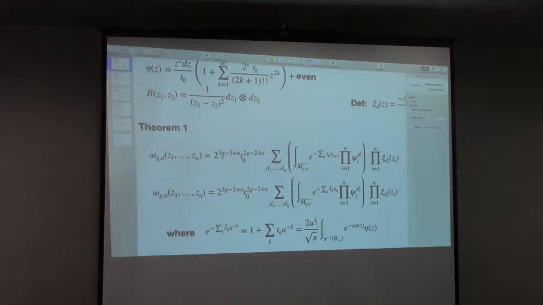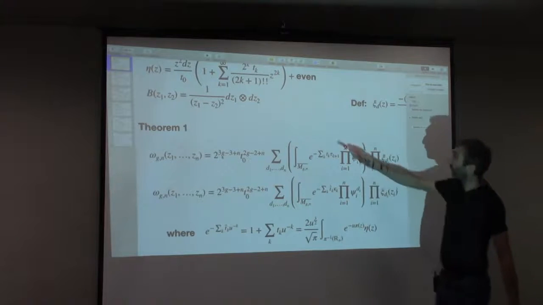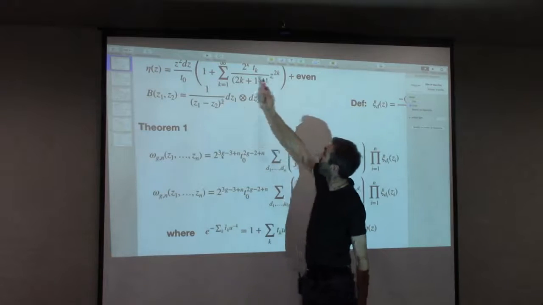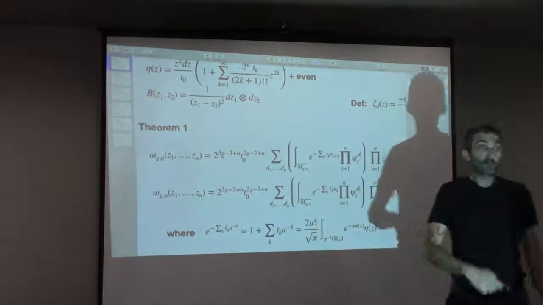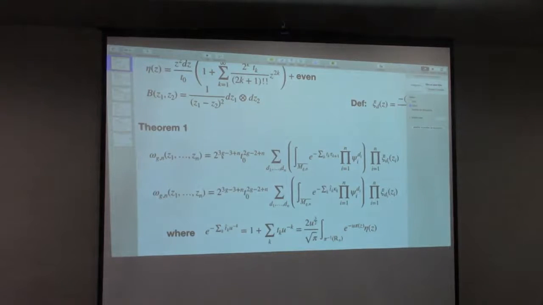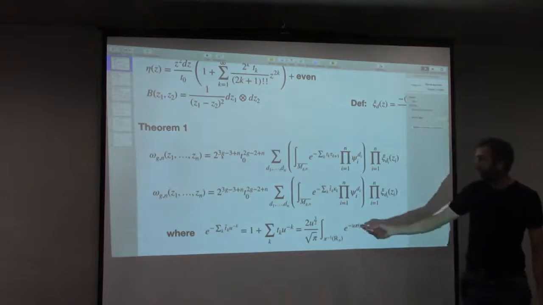Let me also mention something. The coefficients t_k, you can obtain them as the Taylor expansion of eta at 0. There is another way to obtain the same expansion coefficients, and it's by taking the Laplace transform.